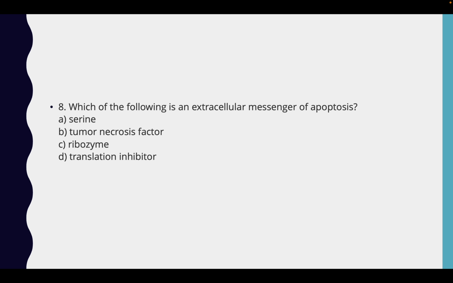Extracellular means outside the cell, but TNF are present on the cell membrane. Extracellular messenger of apoptosis.